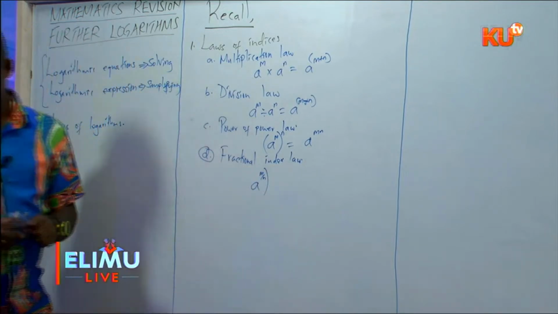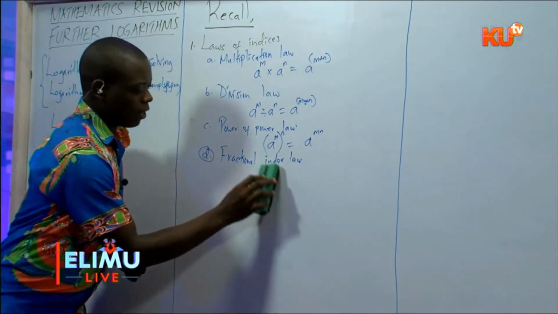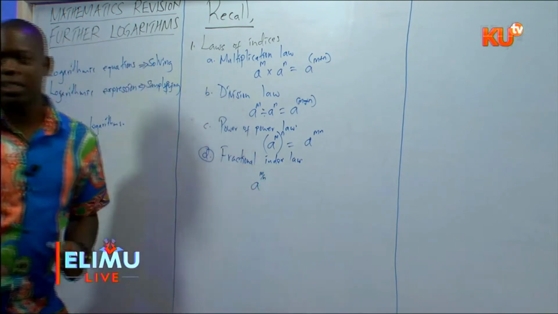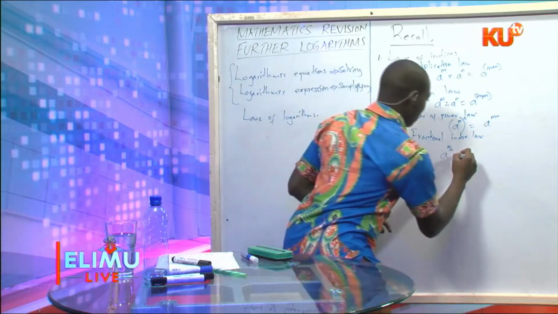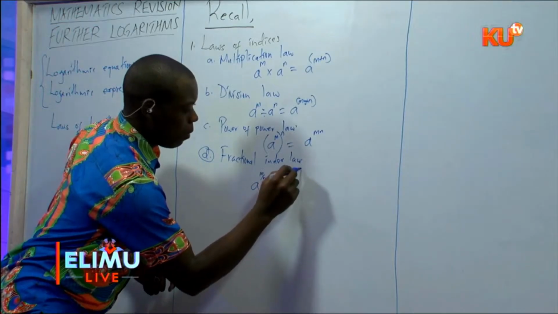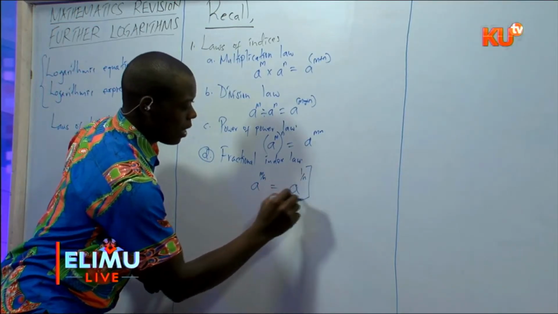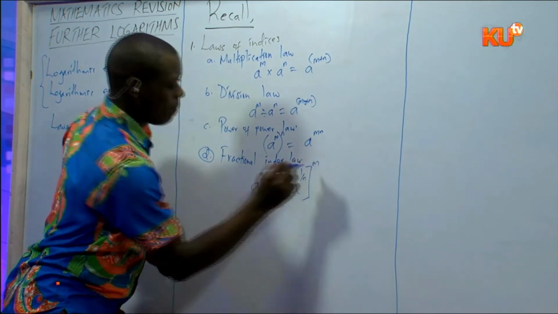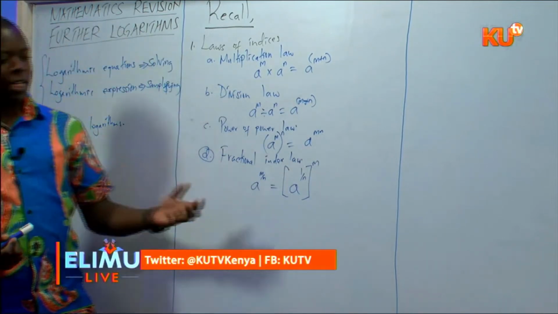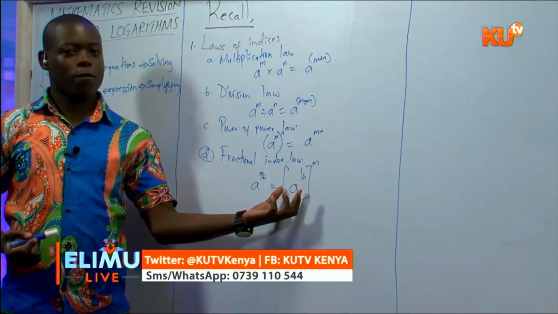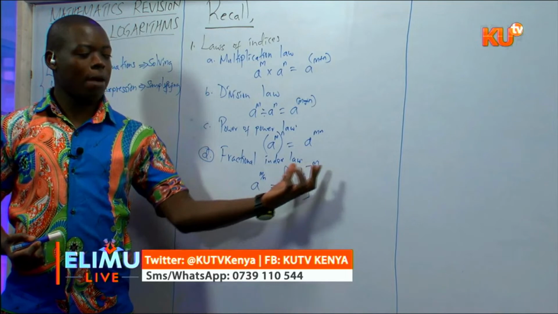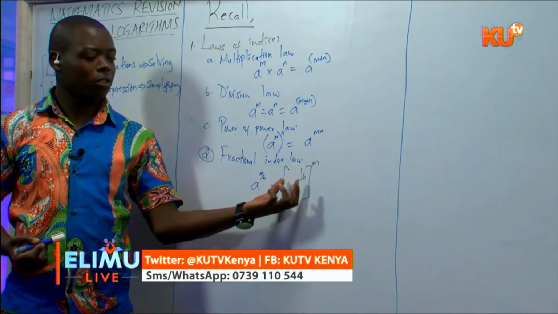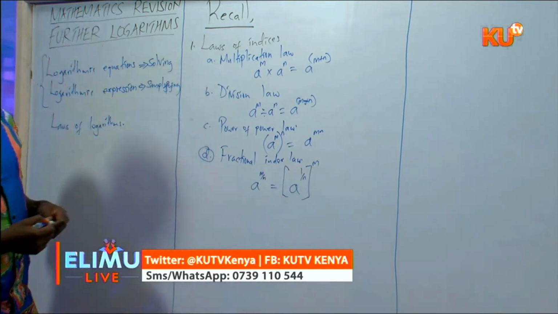In fractional index law, we separate the numerator and the denominator. And so we end up having a power 1 over n, then we raise to the power m. So we read this as the nth root of a to the m. What we first get is the nth root, then we raise to the power m.